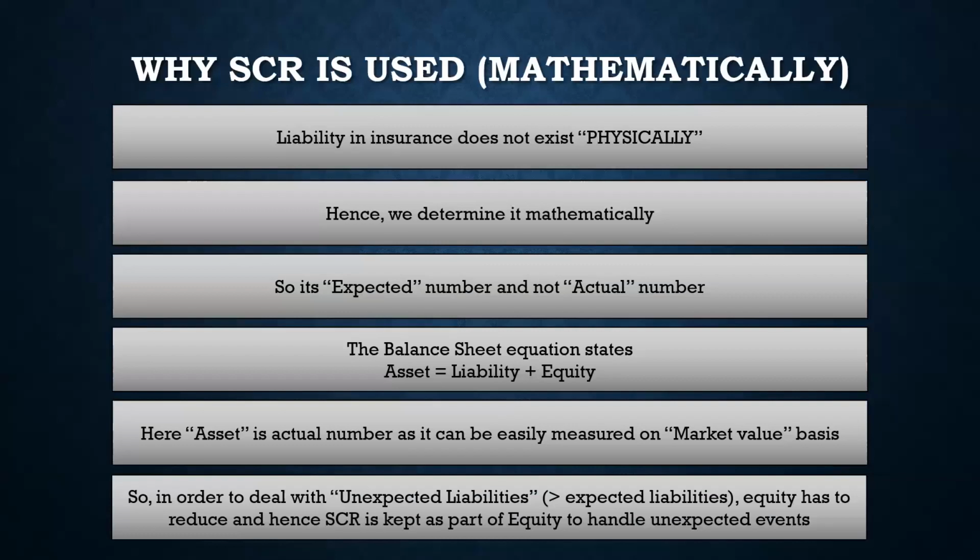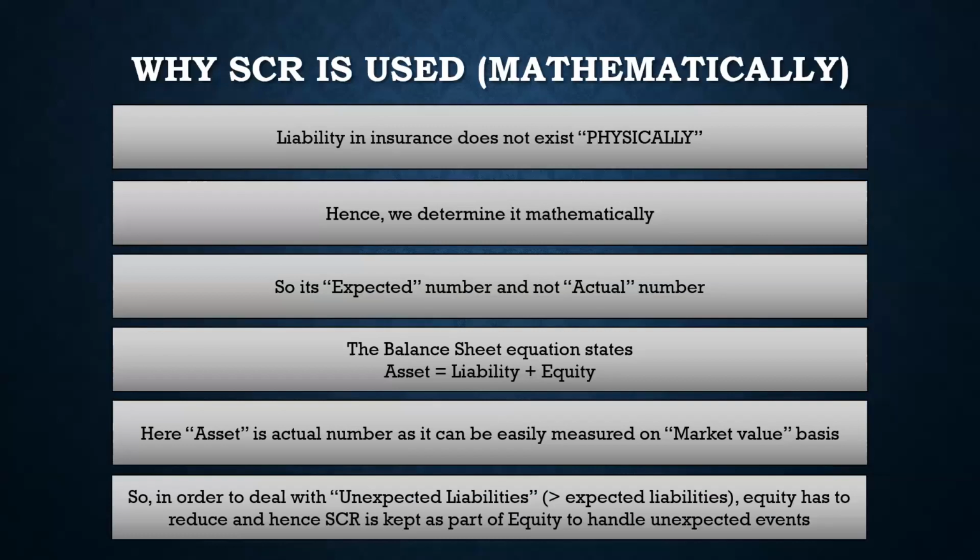If the actual liability is huge, nowhere close to the expected liability, then the equity has to reduce. And equity can be split into free equity or free capital and the SCR. The SCR portion has to reduce, because the SCR portion would be used to cover this liability.